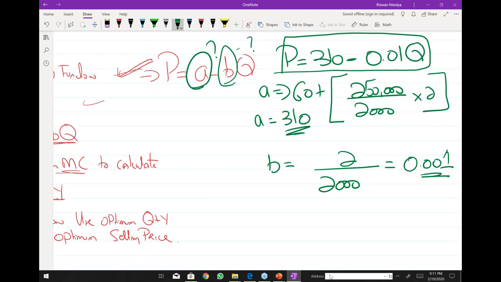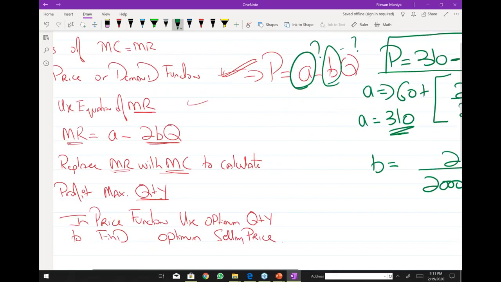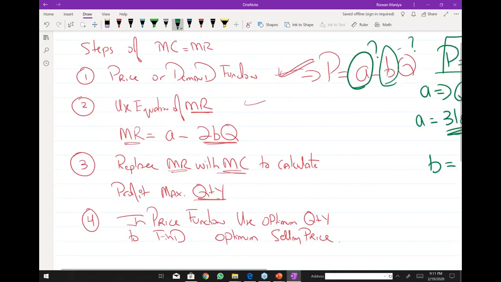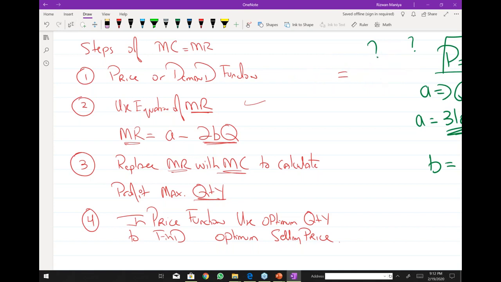And that next step is that we need to use the equation of MR, right? As I have already worked out the equation, price is equal to 310 minus 0.001 Q. This is my equation.